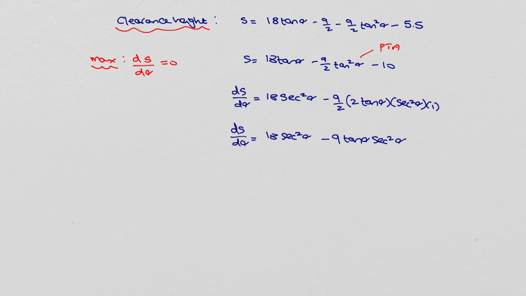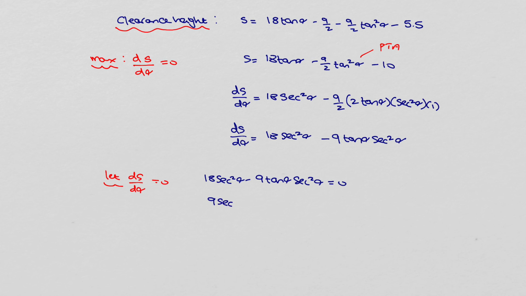So I'm going to let that equal to 0 now. So that gives me 18 sec squared alpha minus 9 tan alpha sec squared alpha. So I can see 9 sec squared alpha is the highest common factor there.